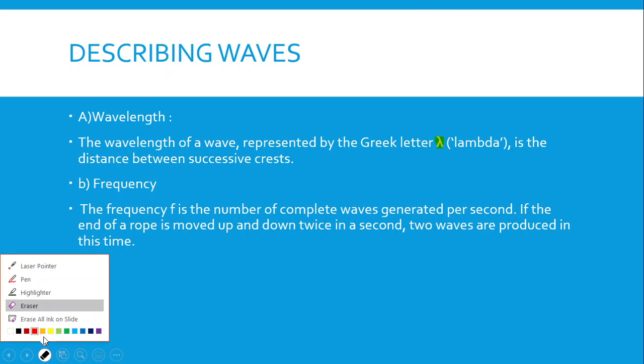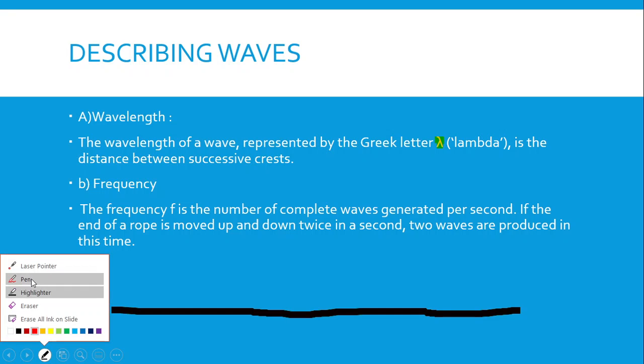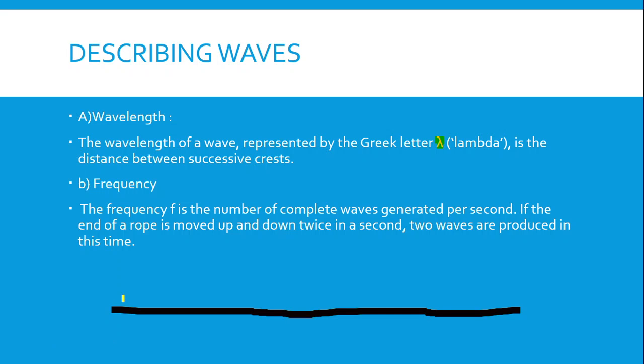First, let's say we have this line, a neutral line, and now it'll be easier to draw the waves. So the wavelength of a wave, represented by the Greek letter lambda, is the distance between successive crests.